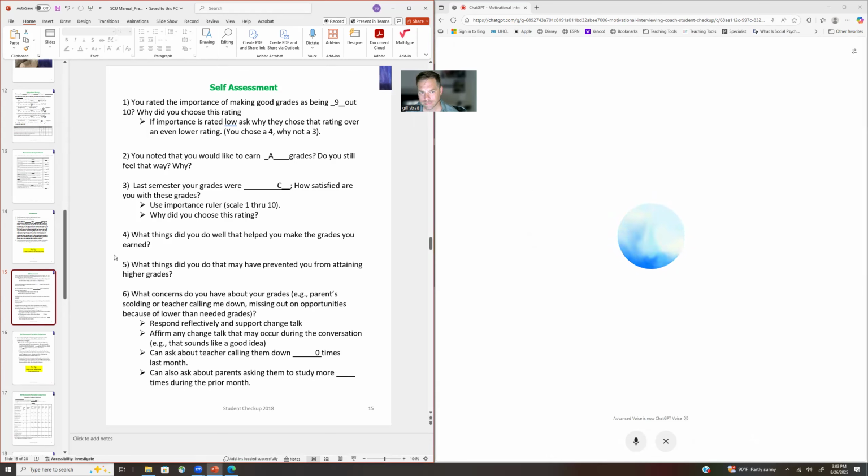I'm kind of in the middle, but leaning more towards not being that happy with it. So I feel like I could do better, and that's why I didn't rate it anywhere near a 10. So C's aren't that bad, but there's still a little piece of you that knows you could earn higher grades.